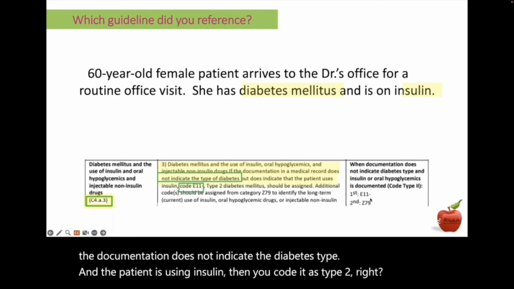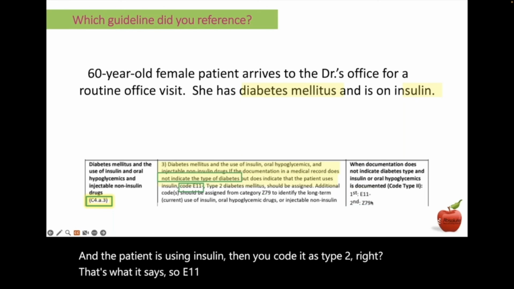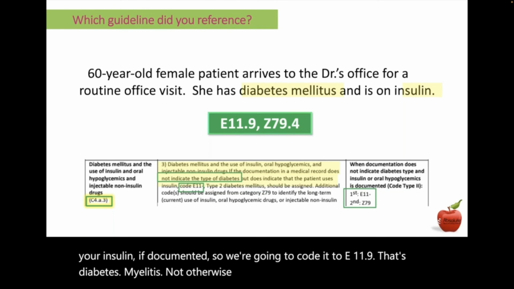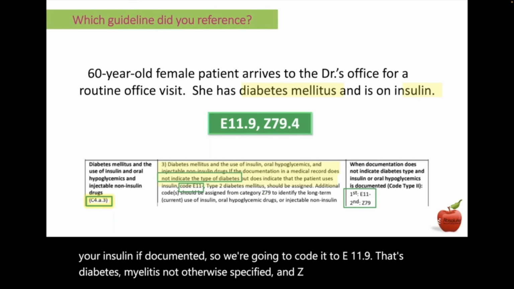So E11, that's for type 2. And you're also going to code your insulin if documented. So we're going to code E11.9, that's diabetes mellitus, not otherwise specified, and Z79.1, that's long-term use of insulin.